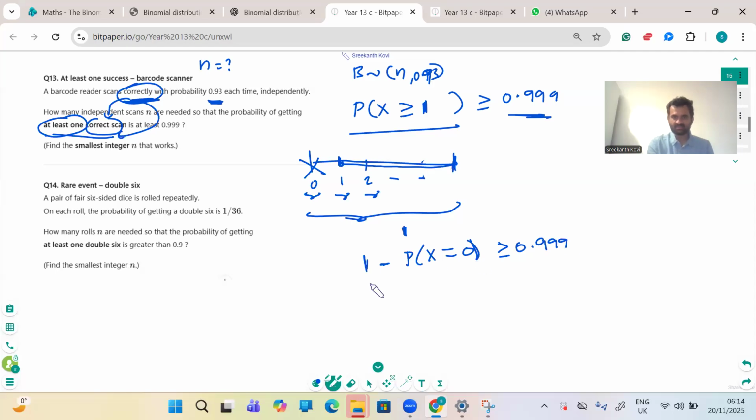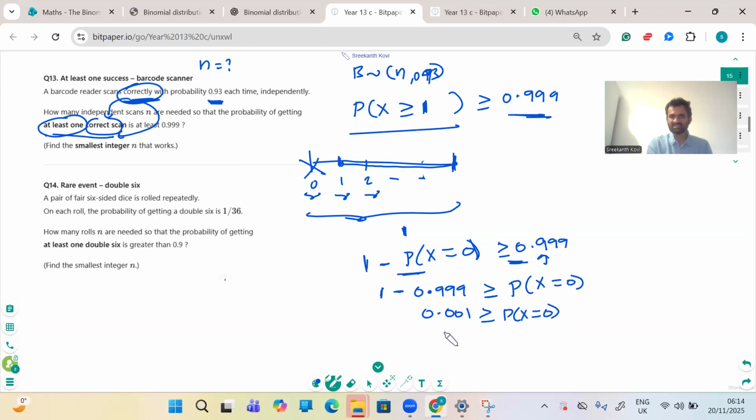For this calculation, pay attention here. I would rearrange the terms: add this one to both sides and subtract this one from both sides. This becomes 1 minus 0.999, and adding or subtracting does not affect the inequality. Remember that. So now 0.001 is more than or equal to P of X equals 0.